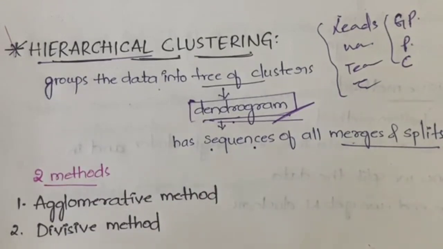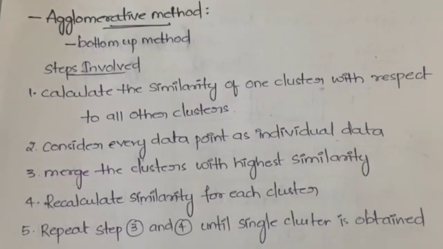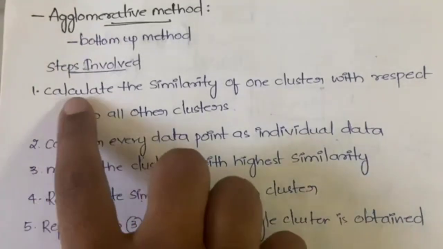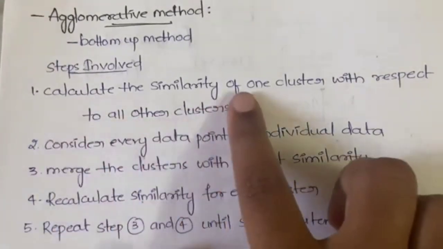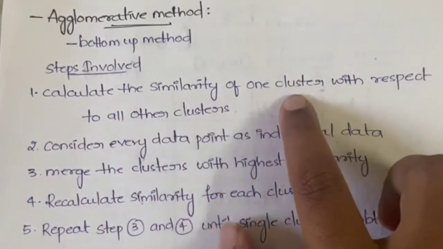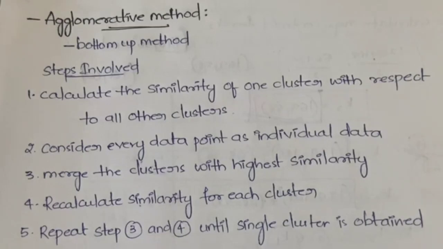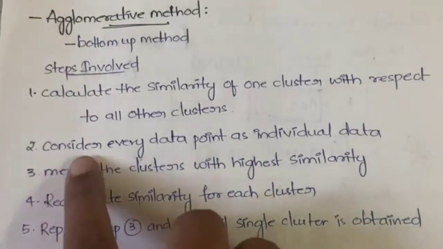In the agglomerative method, we have a bottom-up approach, from the bottom to the top. Calculate the similarity of each cluster with respect to all of the other clusters.